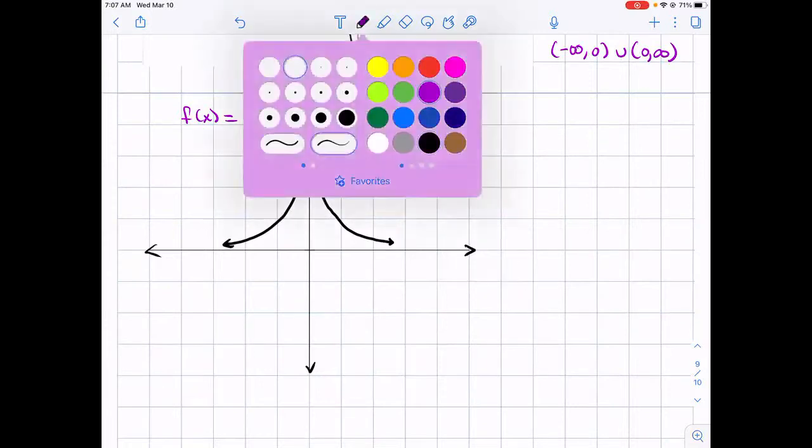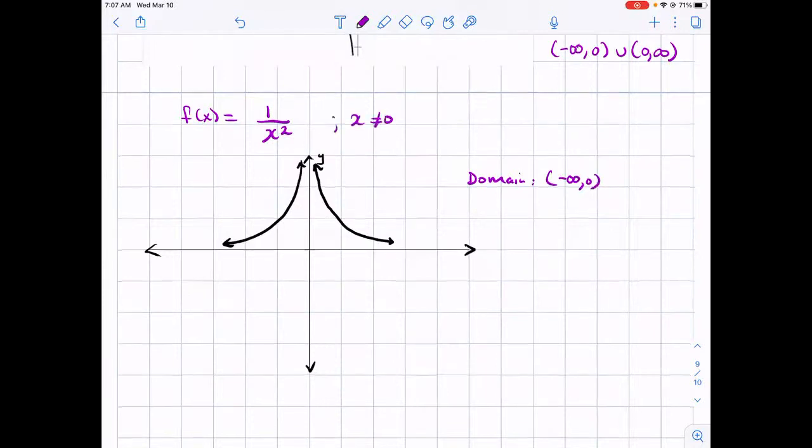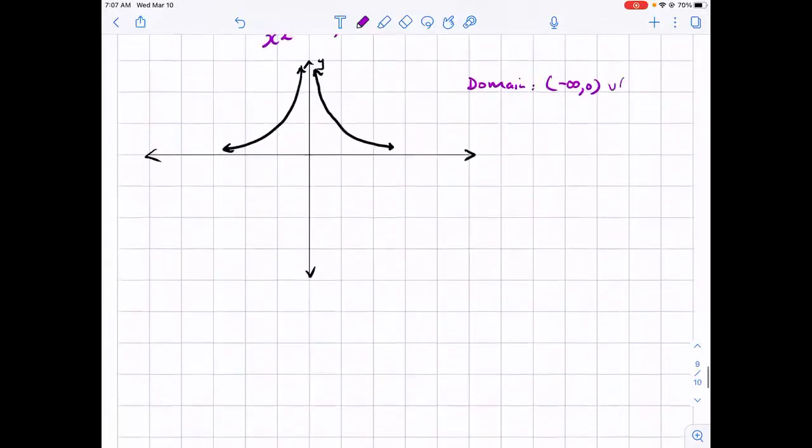So the domain here is very similar. It's minus infinity to 0, because notice x cannot be equal to 0, union that with 0 to infinity. And the range will only be from 0, not including 0, to infinity.